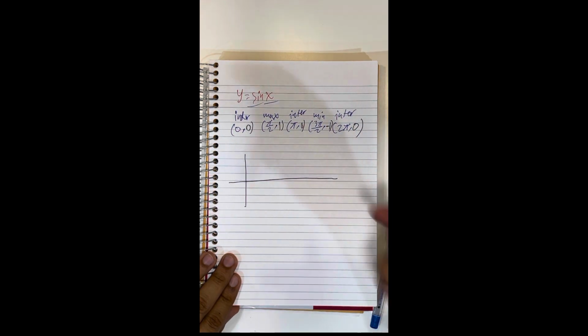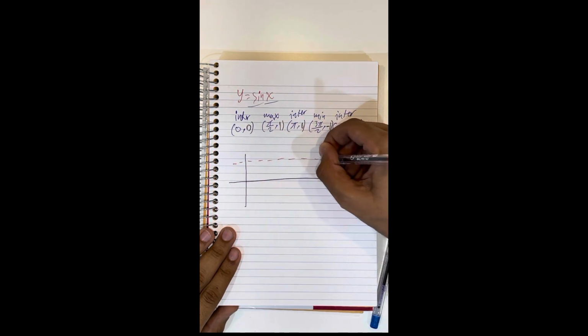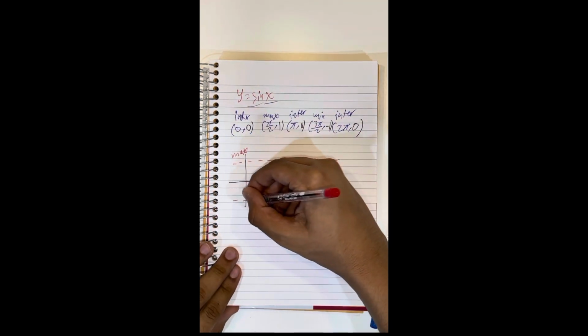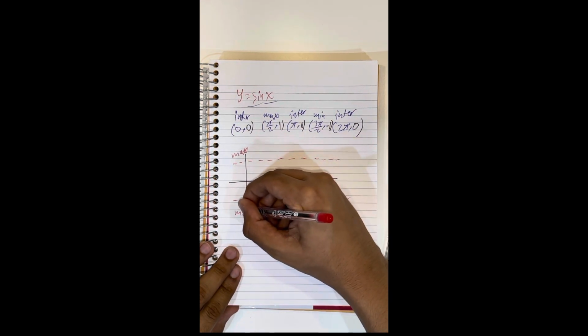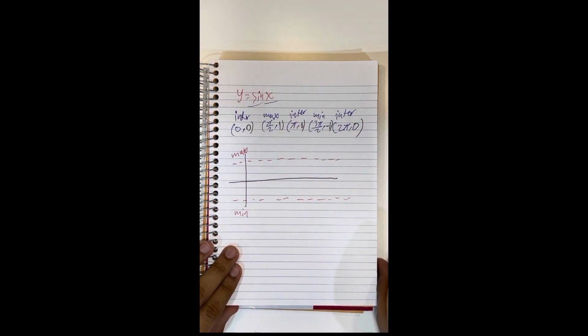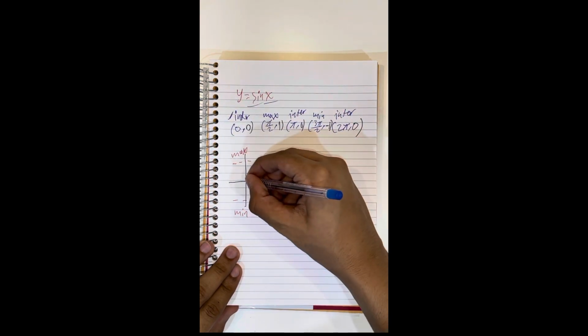Okay, so this is the maximum. The lines we're making in here are the maximum, and the lines we're making in here are the minimum. Look at that. Okay, so let's start graphing then. We're going to start with the first point, which is this one. We're going to graph it in here, as you can see.